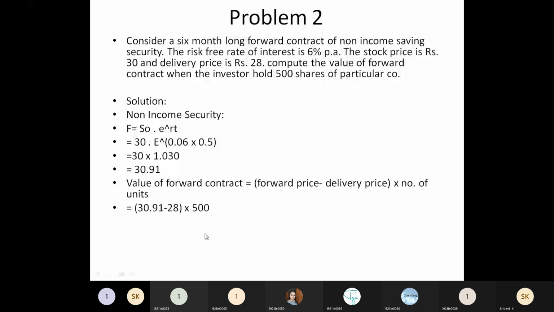The result will be rupees 1,455. So this is the overall forward contract value. Okay, so this is how you find the value of a forward contract when the investor holds 500 shares. So there ends this problem solution.